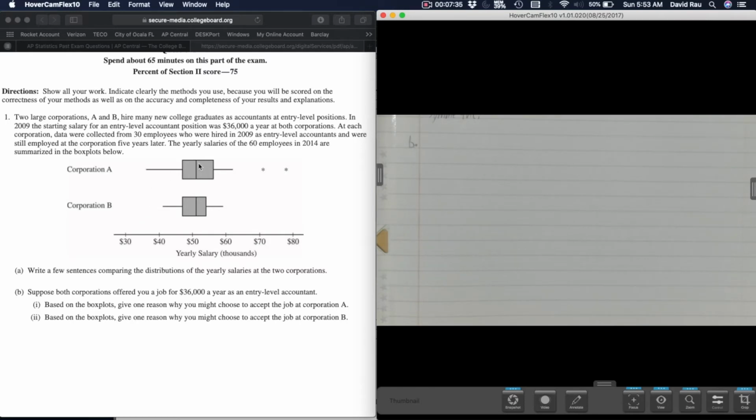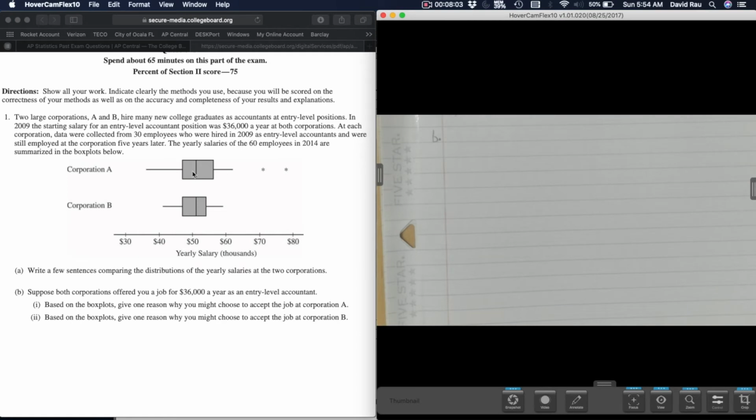Because they both have the same median salary. And also, at Corporation A, you could possibly be making less money than anyone at Corporation B 5 years later. But why might you choose Corporation A? Well, look at this and look at this. Let's break it down like this.